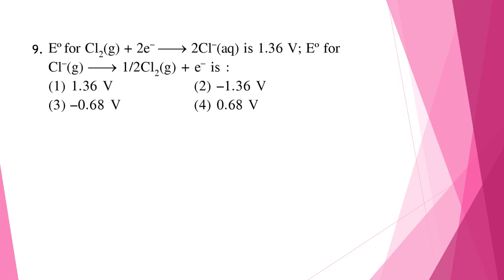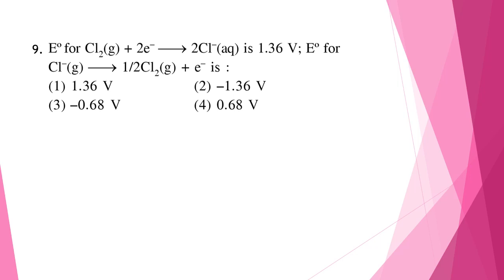Question 9. E naught for Cl2 plus 2 electrons gives 2 Cl negative is 1.36 volt. E naught for Cl negative gives half Cl2 plus electron is. Now you have to remember that if the reaction is same, then E naught will remain the same.